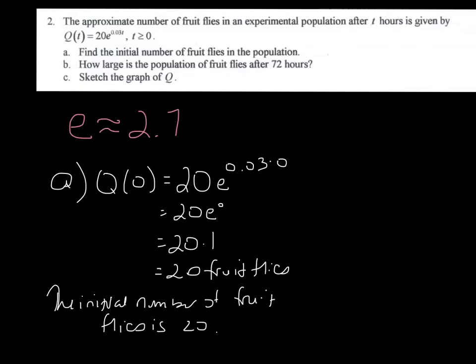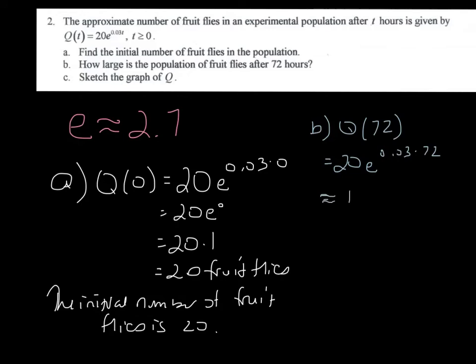Okay, now we're on to part B. We need to know the population after 72 hours. So again, we are substituting into our given equation. We need to find Q of 72. So now we have 20 e to the 0.03 times 72. So this one will rely on our calculator, and we end up with approximately 173 fruit flies.